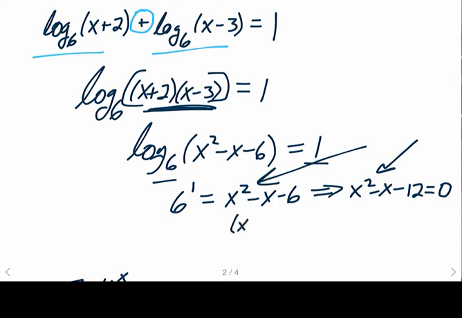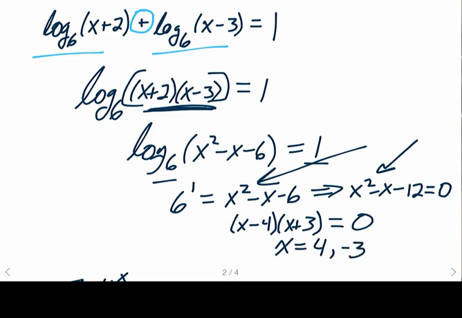So x squared minus x minus 12 factors into x minus 4 times x plus 3. So we now have x minus 4 times x plus 3 is equal to 0. So from this equation I have that x is equal to 4 or negative 3.